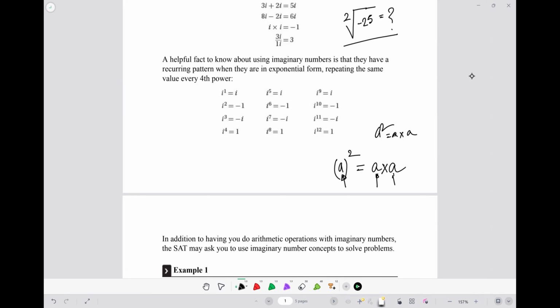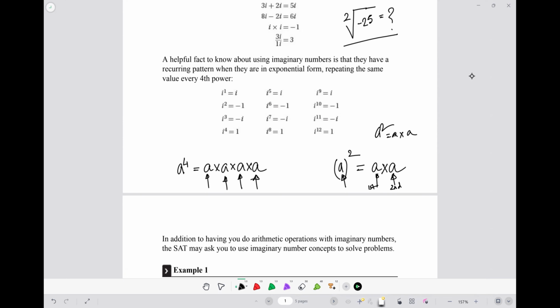What does a to the power 4 mean? If a is a number, then we need to multiply a with itself 4 times. Number 1, number 2, number 3, number 4.